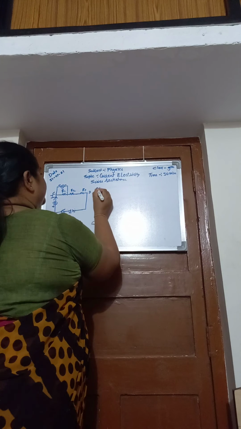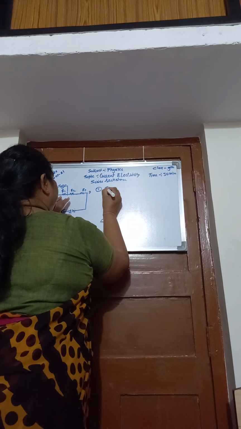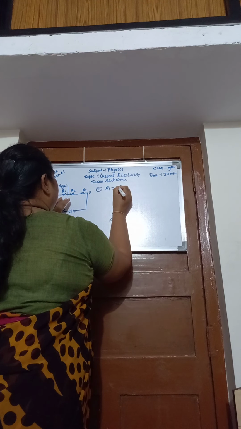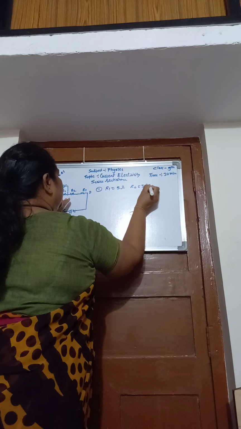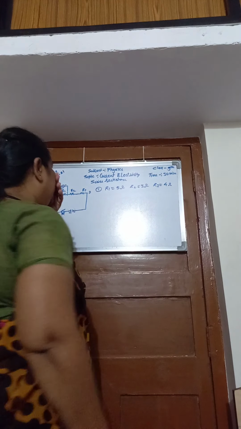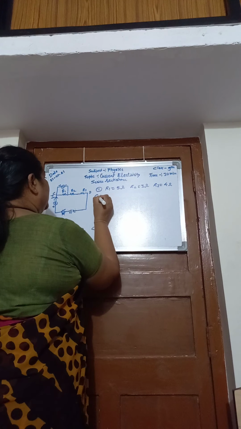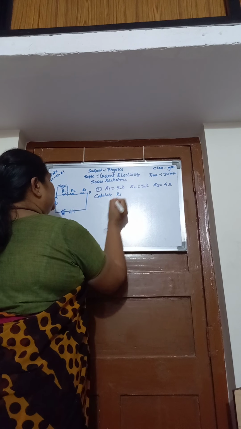First problem. Given R1 is equal to 5 ohm, R2 is equal to 3 ohm and R3 is equal to 4 ohm. Then calculate RES, that is the series resistance.